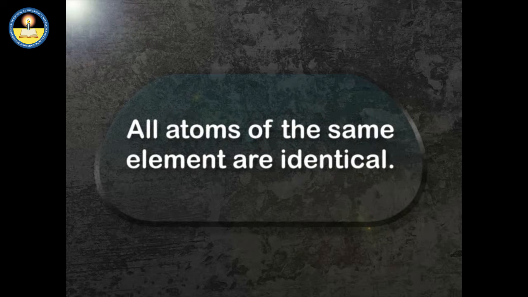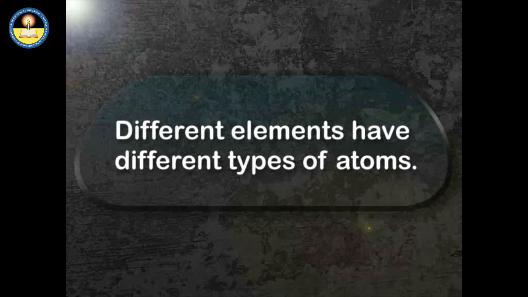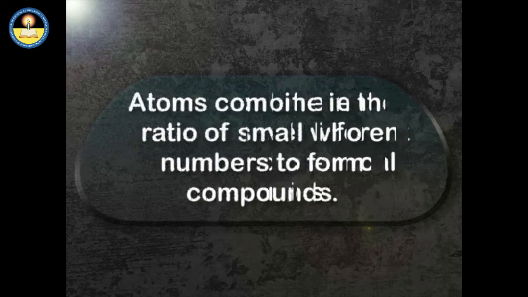All atoms of the same element are identical. Atoms of a given element are identical both in mass and properties. Different elements have different types of atoms. Atoms of different elements have different masses and chemical properties.